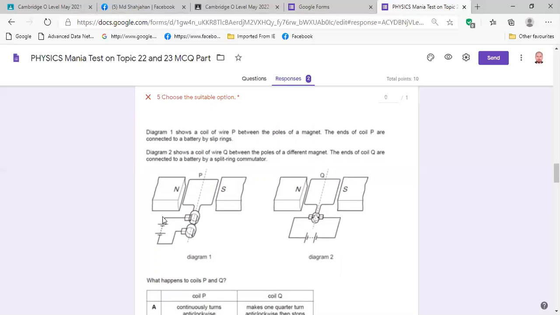Look, when you are giving electricity on this side, then how it is rotating, you can check with your fingers. North to south, this is the first finger.